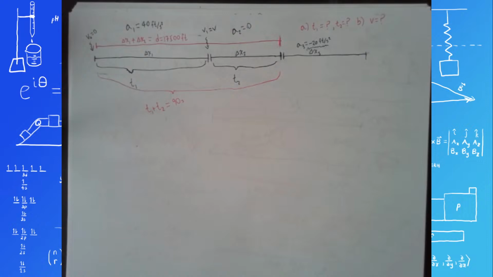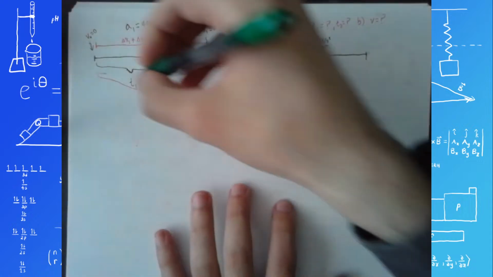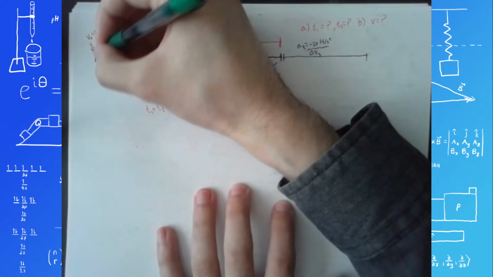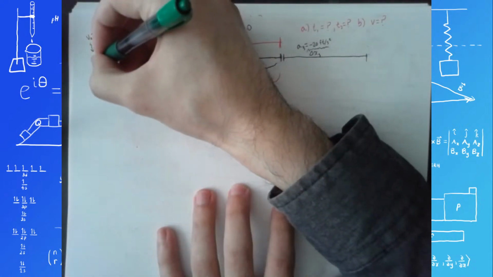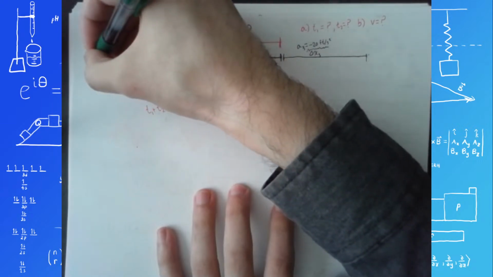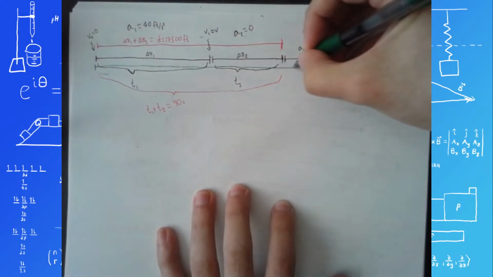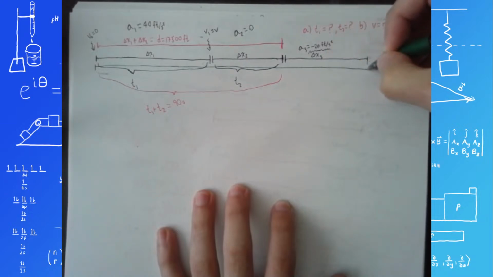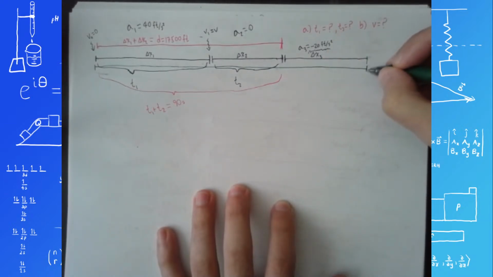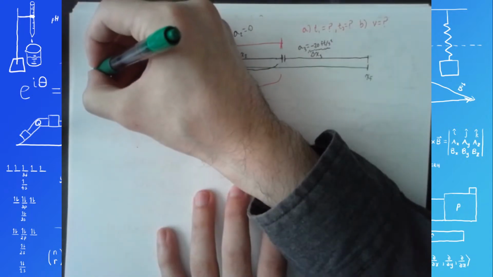So I'll use a different color for this. Let's use green. So what is x final if this is x initial?